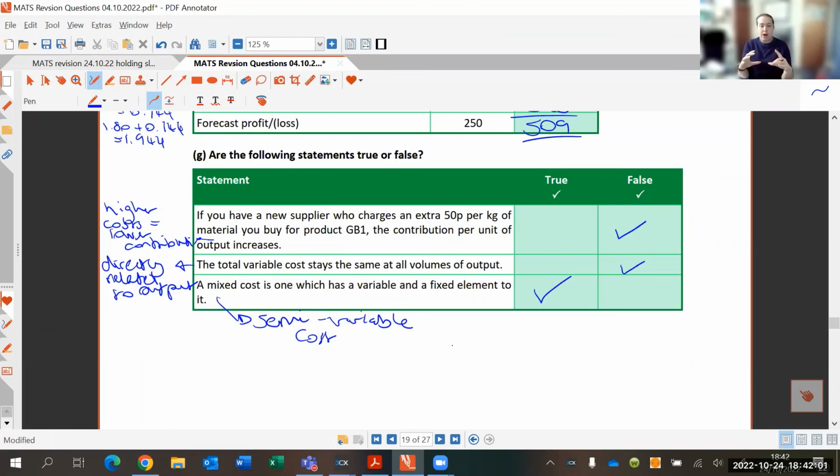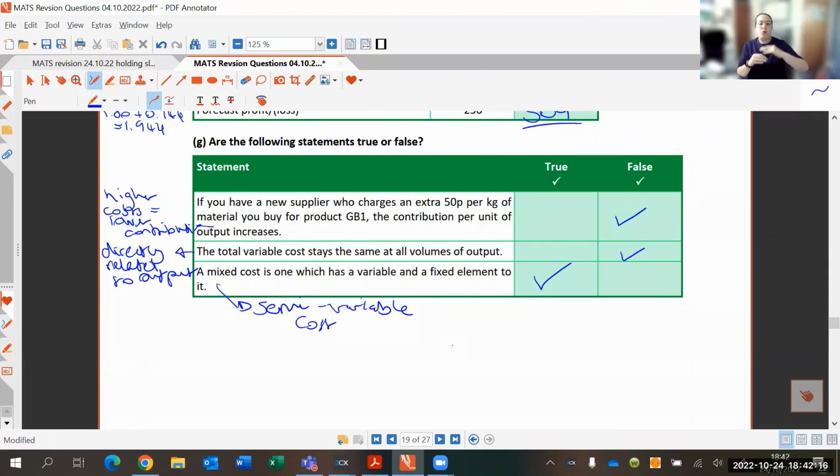One supervisor might be paid £25,000, you get a second supervisor, you've got another £25,000. So as your production increases, it steps up like that, because you're having to take on an extra person once you meet those conditions. In an ideal world, though in the real world that probably won't be what happens, because it's not quite as faultless as that. But that's the idea with your step cost.